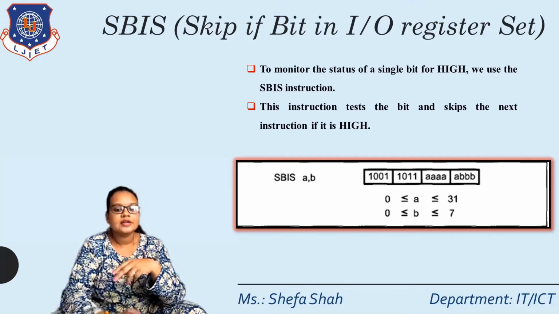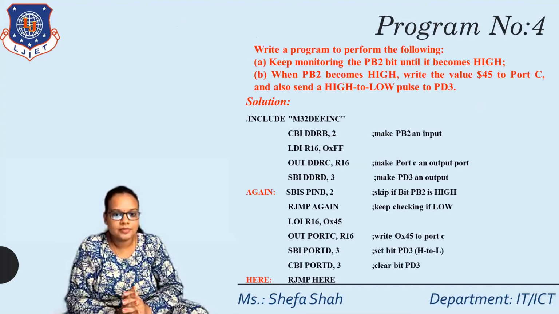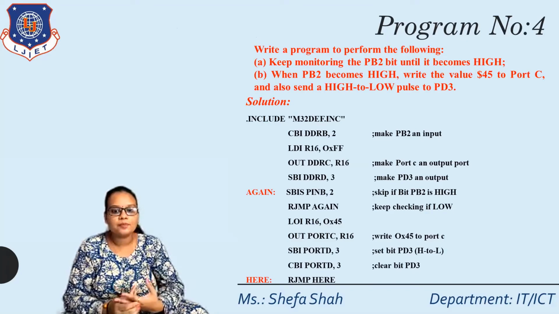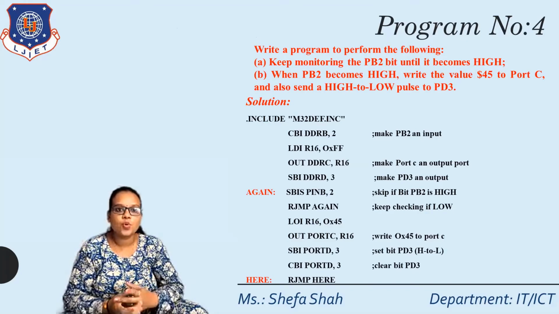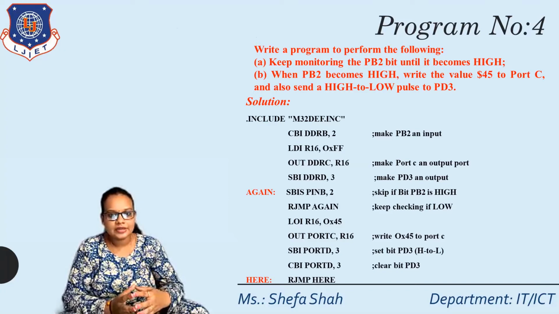Now, as you can see in the program, the statement is: write a program to perform the following. First, keep monitoring the PB2 bit, that means port B second bit, until it becomes high. When PB2 becomes high, we need to do two things.